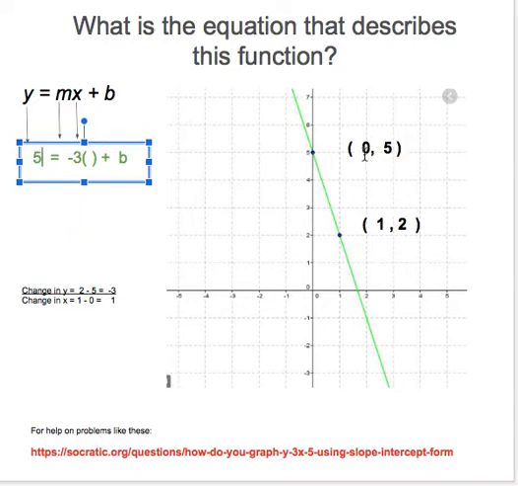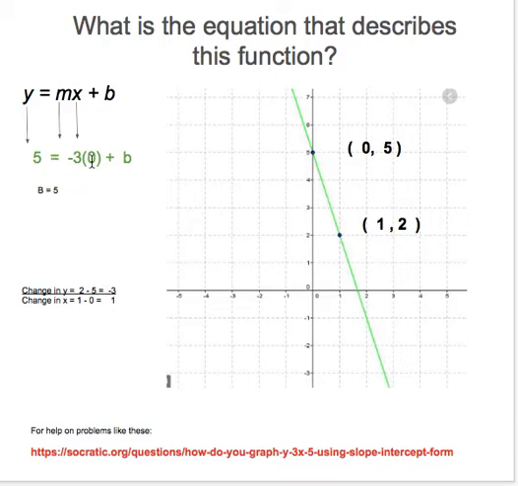And then if x in this one is 0, we'll put the 0 in there, and then we can find out what happens there. So negative 3 times 0 is 0, and so b must be equal to 5 here. So b is equal to 5.